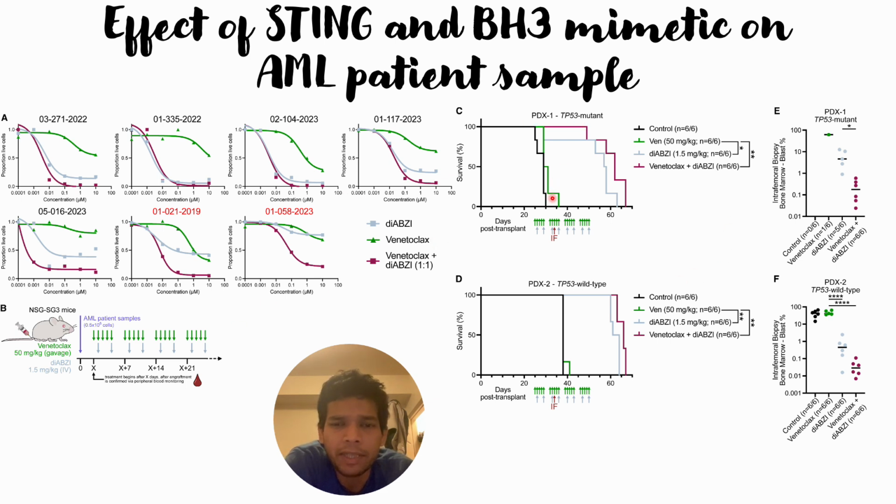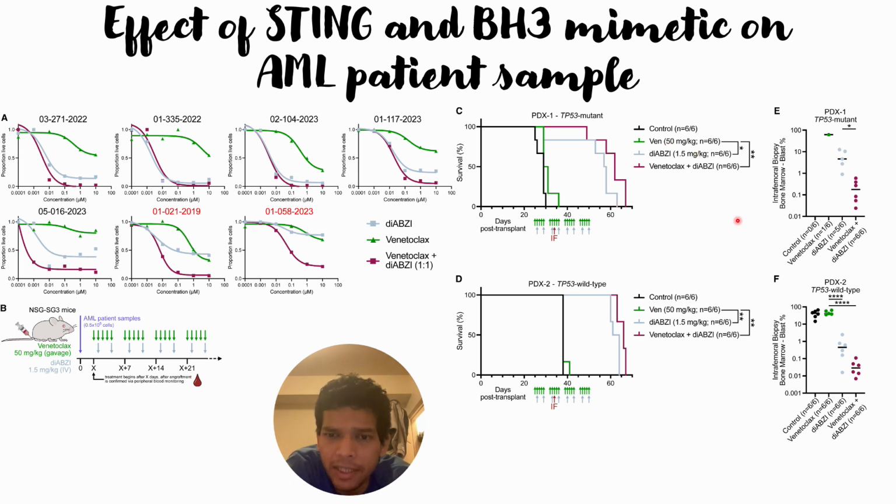In this case, we can see that when venetoclax is used, the effect is slightly better than what they observed with the control. But when they use diazoles, the survival of the mice is much higher, and with combined therapy the effect is higher still.